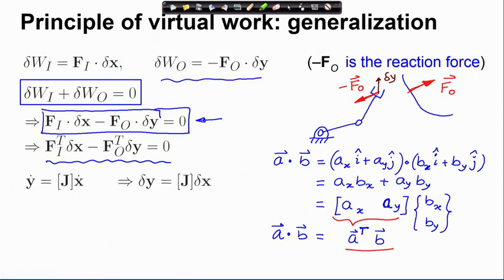Suppose the output velocity is related to the input velocity, or the joint velocities, through the Jacobian like this. Therefore, when we consider freezing time and giving virtual displacements at the input and looking at the virtual displacement of the output, they are related to the Jacobian as delta y is J times delta x, where J is the Jacobian matrix.